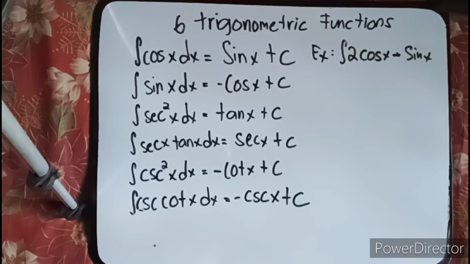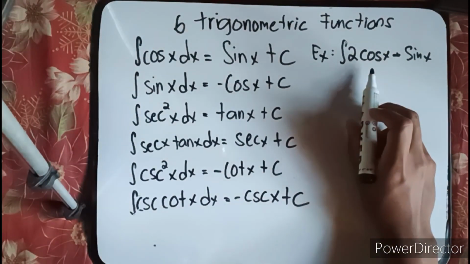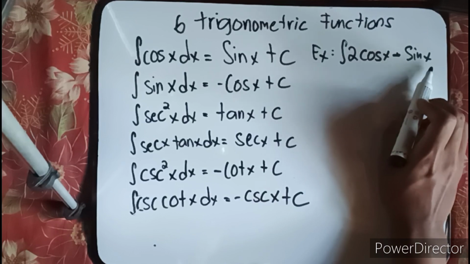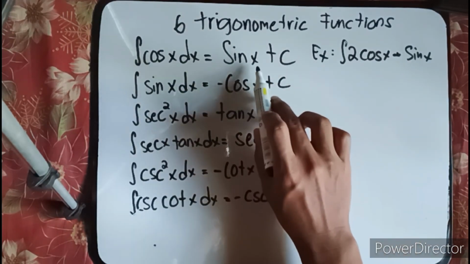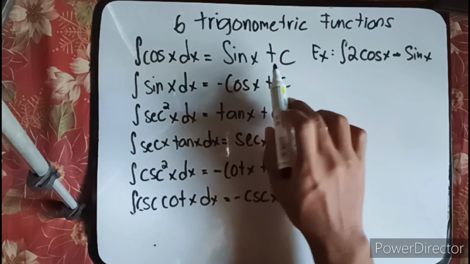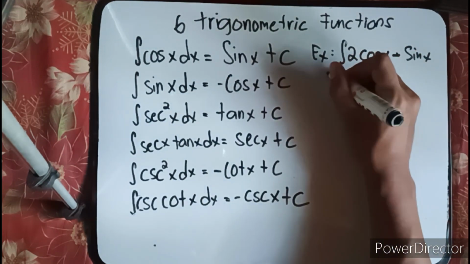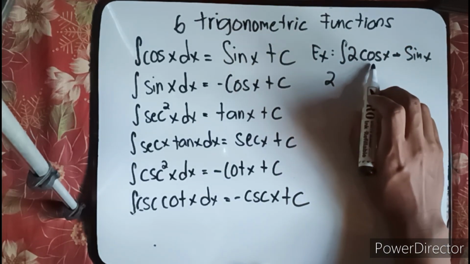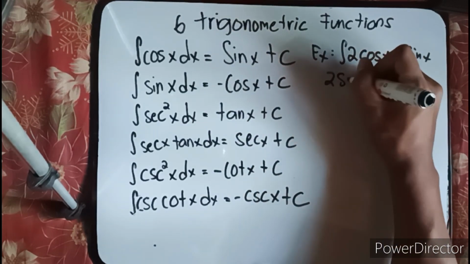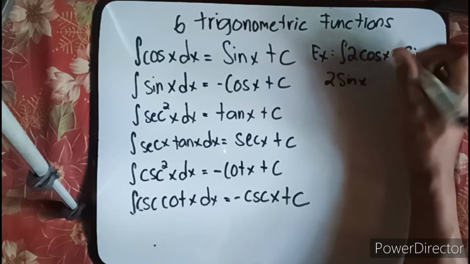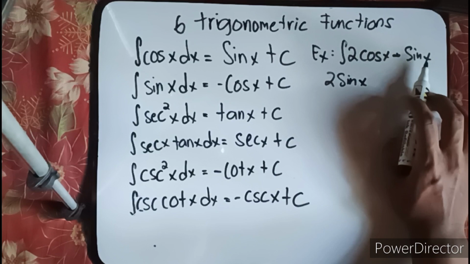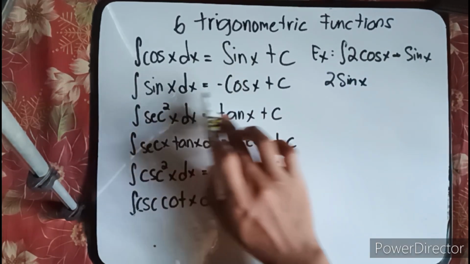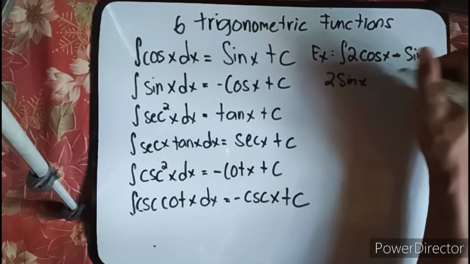So we have the integral of 2 cosine x minus sine x. The antiderivative of cosine x is sine x, so just put down the 2, then the antiderivative of cosine is sine x. Next is the antiderivative of sine x, which is negative cosine x.